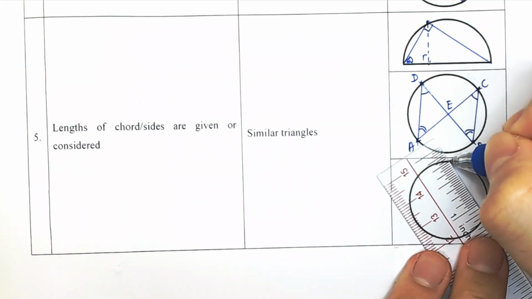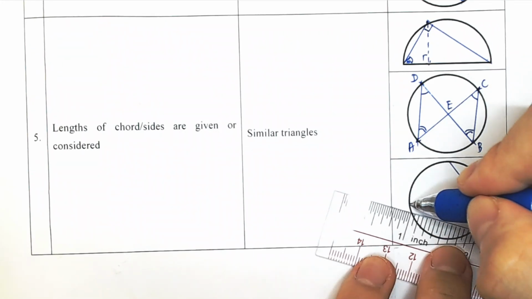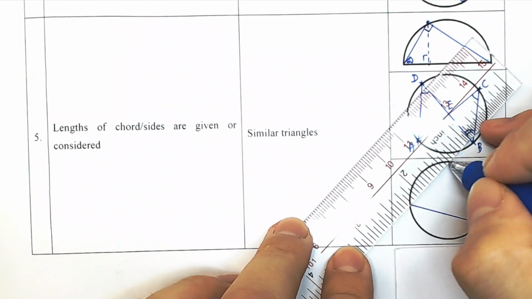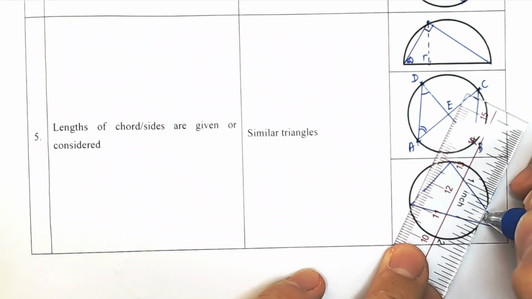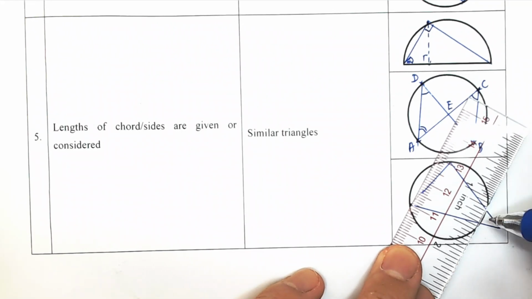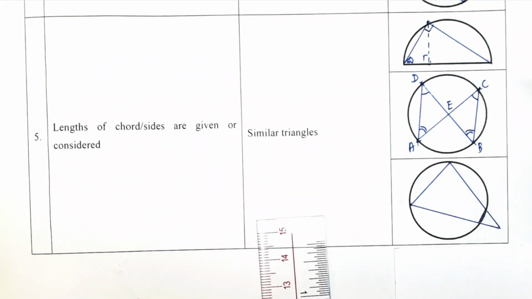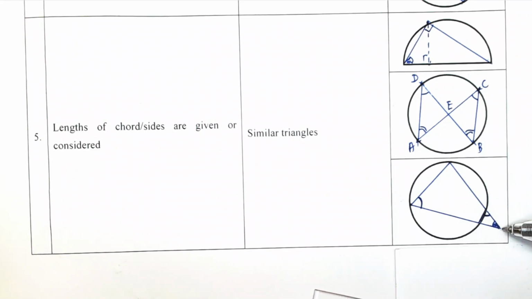If we draw two lines like this, the two lines intersect the circle at these 2 points, and if I construct a figure like this, then a cyclic quadrilateral is drawn, and then we can make use of the property of exterior angle cyclic quad together with this common angle, then the small triangle here is similar to the large triangle here.